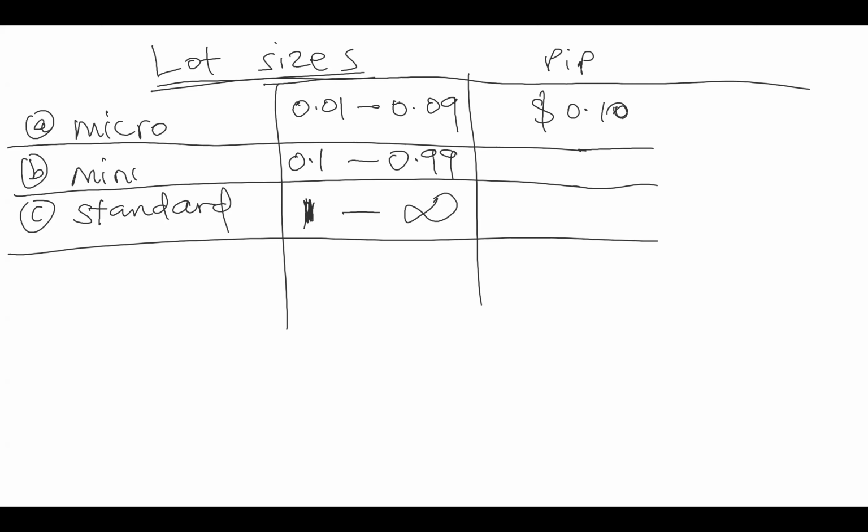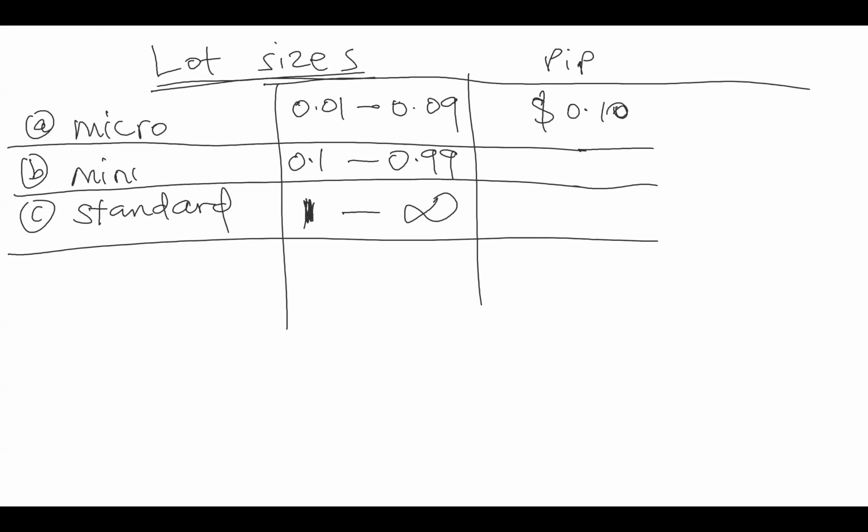Cents is the same way we have kobo when we're talking about naira. 100 kobo makes 1 naira, am I correct? 10 cents is just like kobo. 100 cents is going to make $1. So for every pip the market is moving, if you're using the micro lot size, you're going to be making 10 cents.